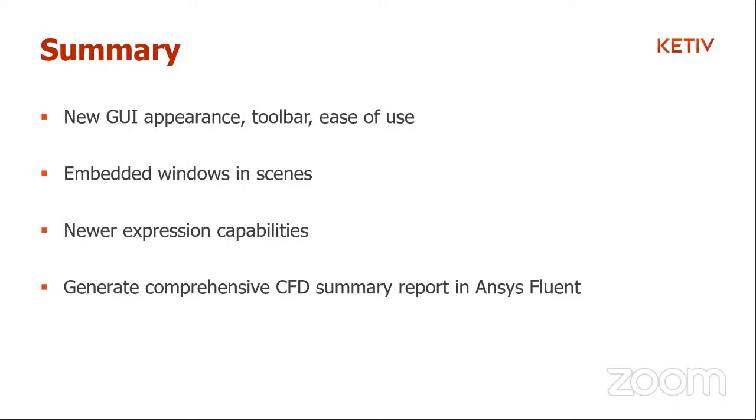There are some cool new features and functionalities for expressions in Ansys Fluent. Please let us know if you want to learn a little bit more about it, and I'll be sure to include that in a future session. And lastly, we talked about how to generate a comprehensive CFD report for whichever simulation you're working with. That I think is one of the highlights from a usage standpoint in the latest release of Ansys Fluent.